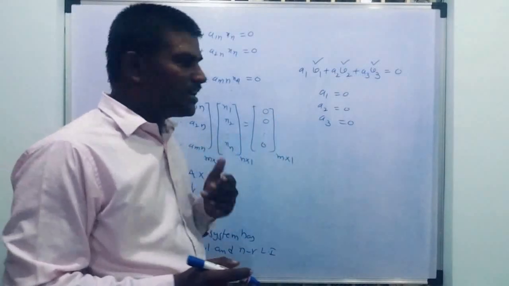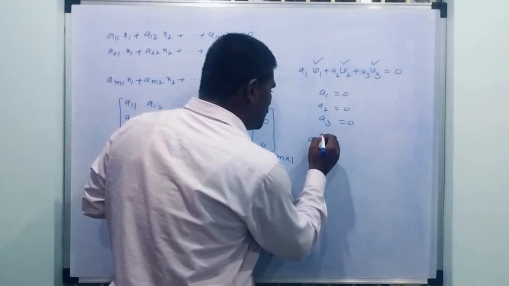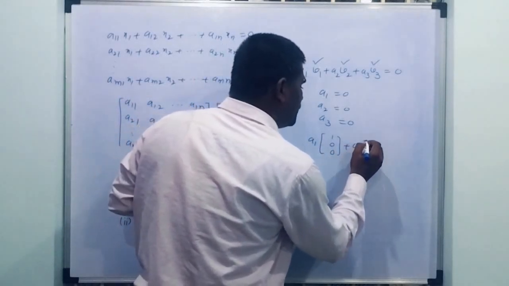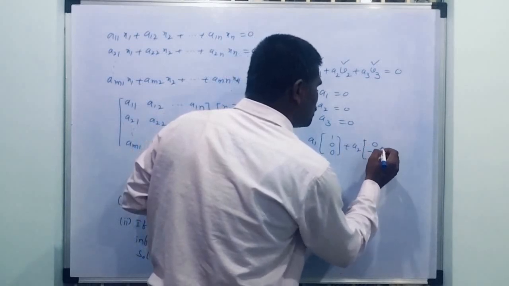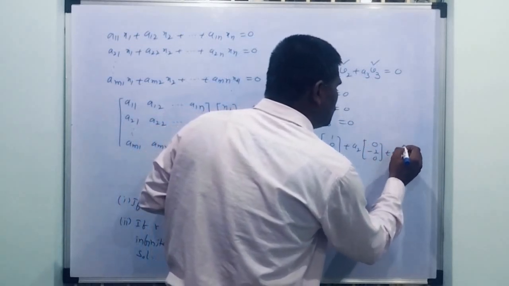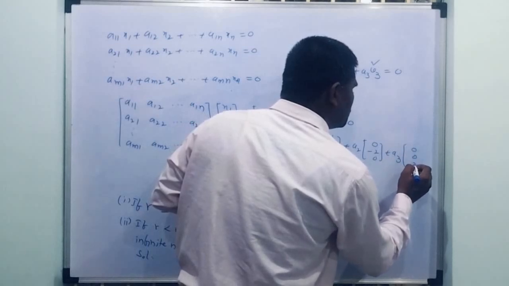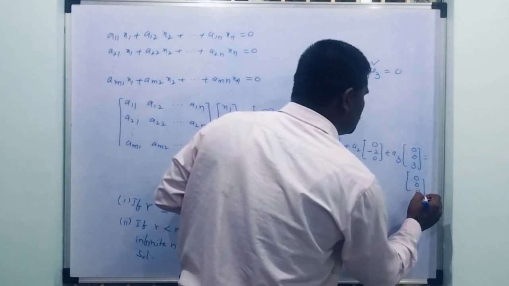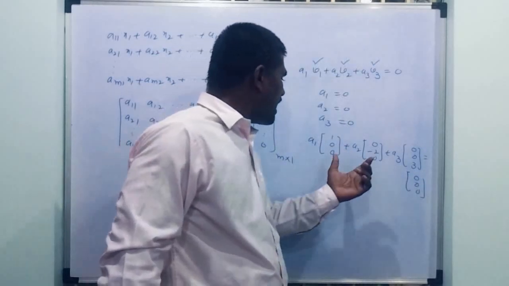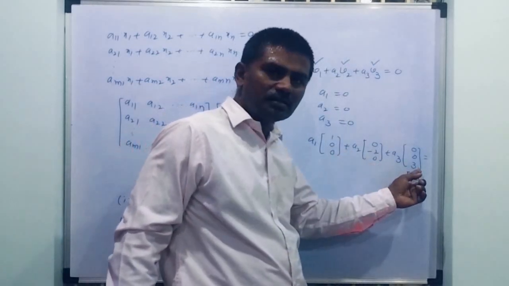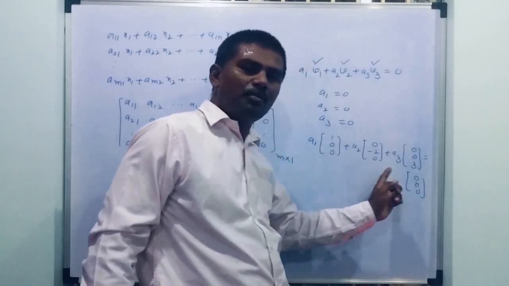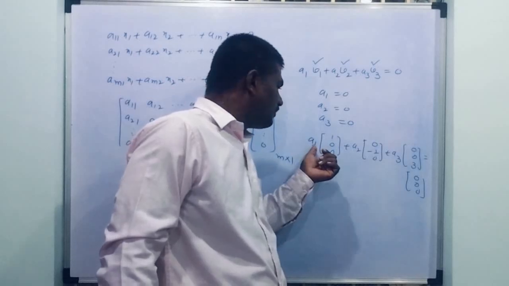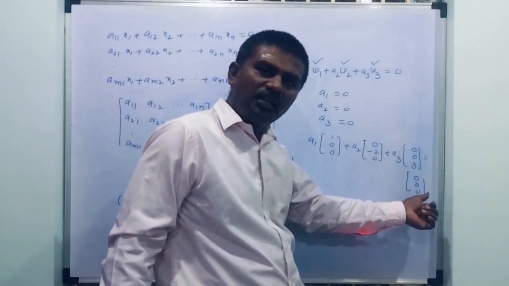Let me give you one example here. Suppose a1 into (1, 0, 0) plus a2 into (0, minus 2, 0) plus a3 into (0, 0, 3) equals (0, 0, 0). That means I am taking 3 vectors and considering the linear combination of these 3 vectors by multiplying the constants a1, a2, a3, and equating to 0.